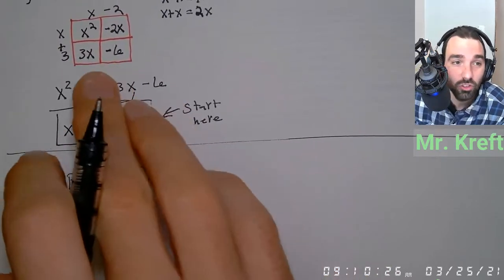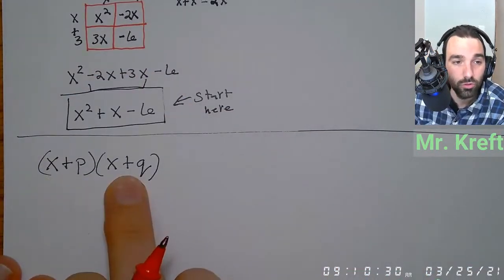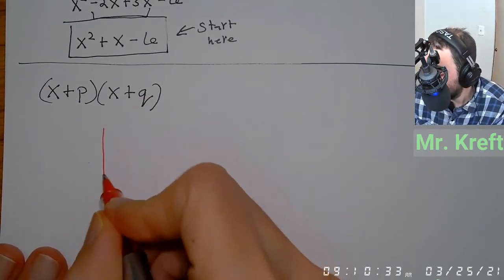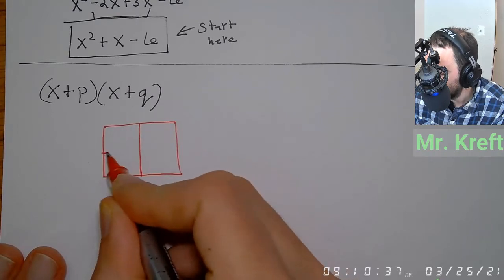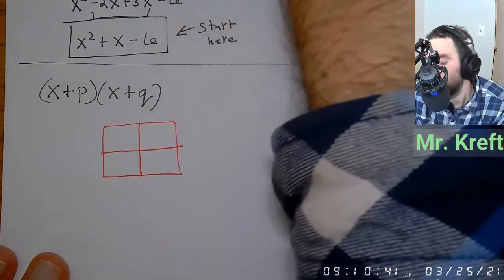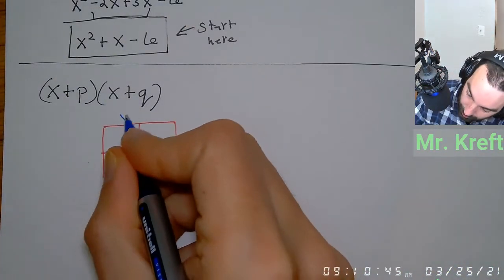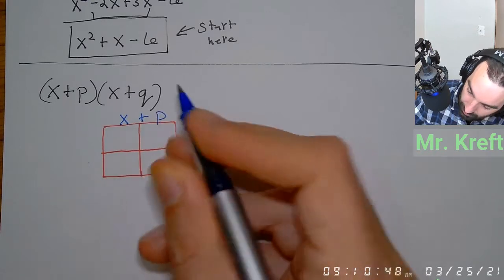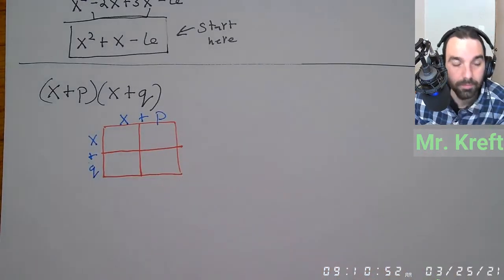Well, we're going to do this just like we did up here, right? I have two terms, so I'm going to have a 2 by 2 box. Don't be intimidated by the p and q. We're fine. So it doesn't matter where I put them. I might have x plus p on the top and then x plus q on the left. It doesn't matter if you switch the p and the q.